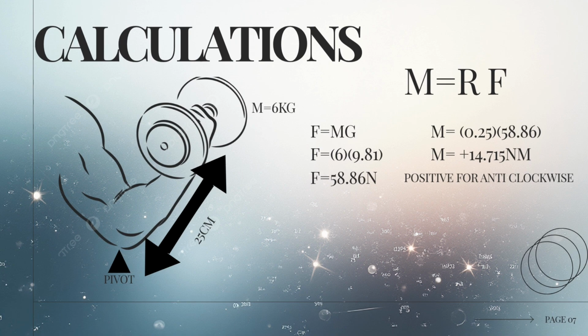M equals R times F. For R, we need to change 25 centimeters into meters, which is 0.25 meters. So 0.25 meters times 58.86 newtons, we get M equals 14.715 newton meters. As we can see, it is positive, which is for anti-clockwise.